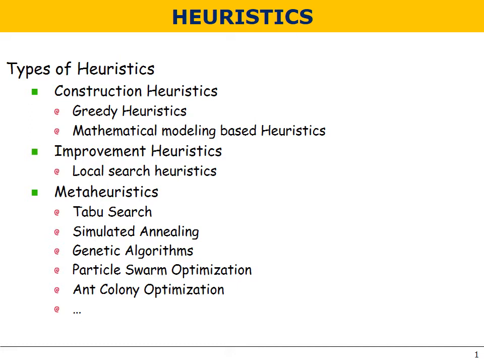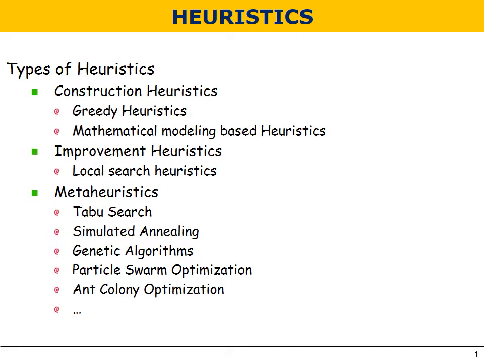In improvement heuristics, you just move in the improving direction, and whenever you encounter a solution, you look at its neighborhood. If there are no better solutions than the current one, then you stop. But in meta-heuristics, you don't stop at this point. You continue in a non-improving direction in order to escape from a local optimum, with the hope of finding a better solution.